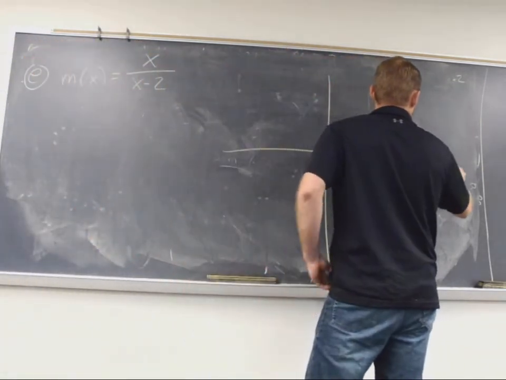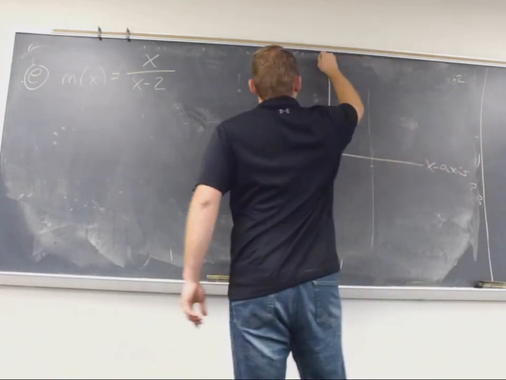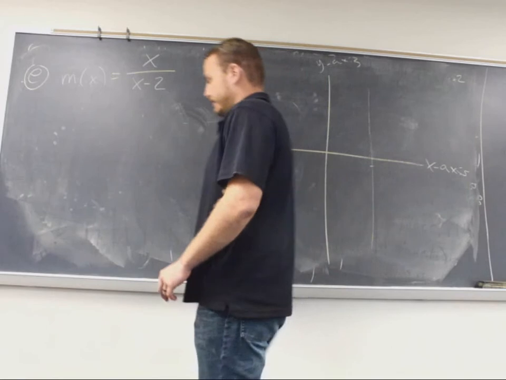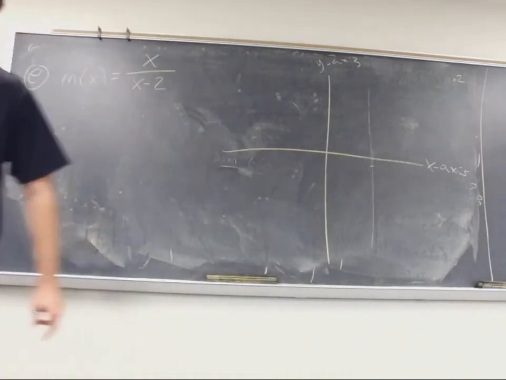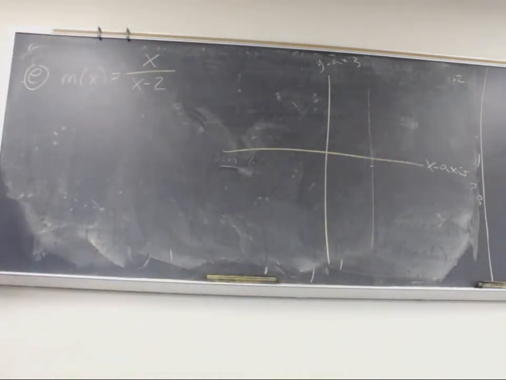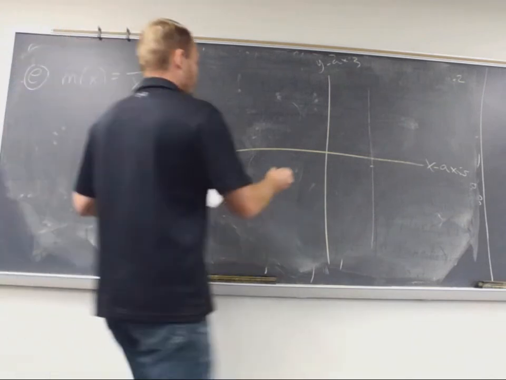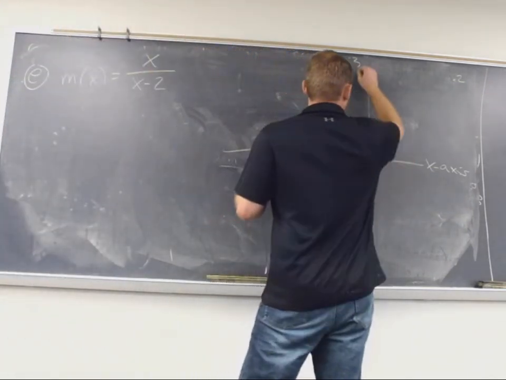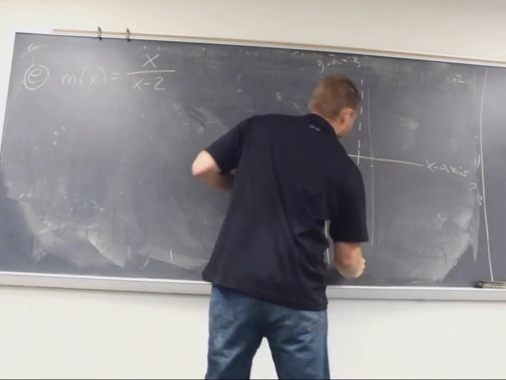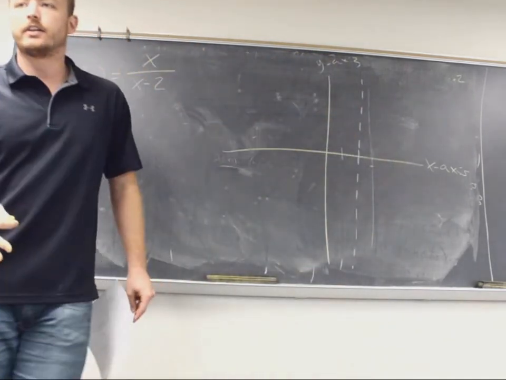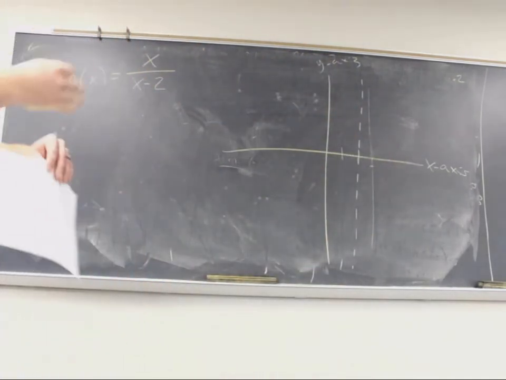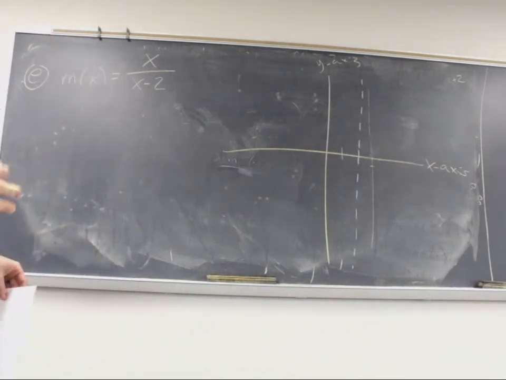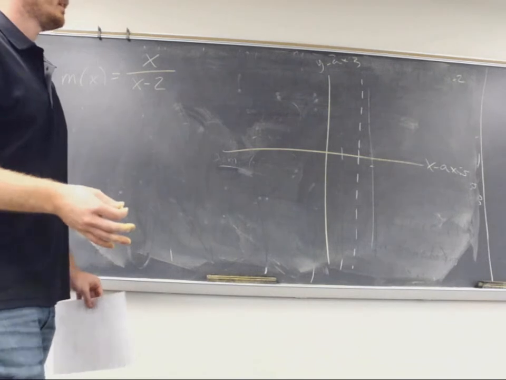Here's the x-axis and the y-axis. I actually don't have this drawn in my notes, unfortunate. Oh, I do have it drawn. All right. So this white dotted line is called an asymptote. That means it's never going to touch that line. We're not quite there to learn what that is yet. We'll get there soon.